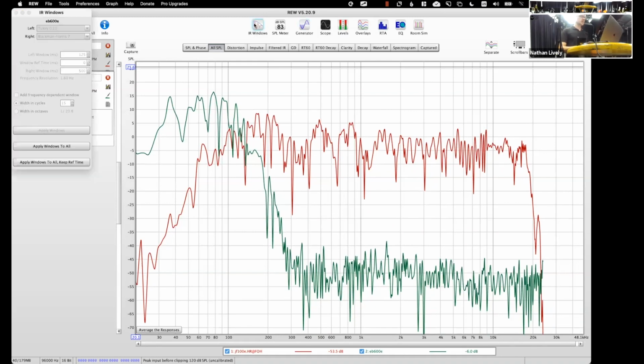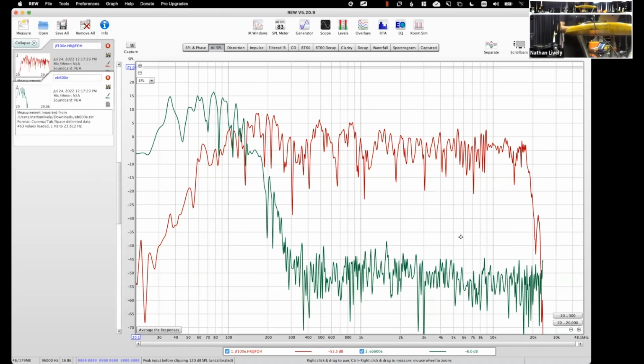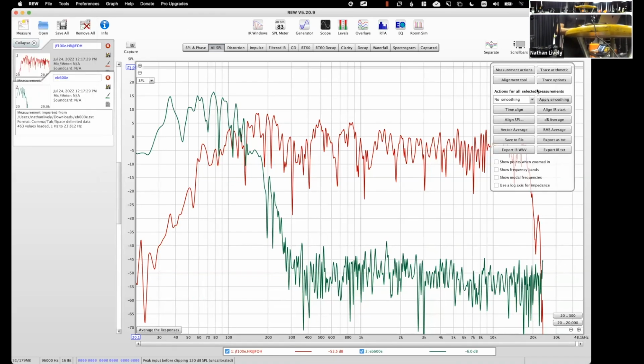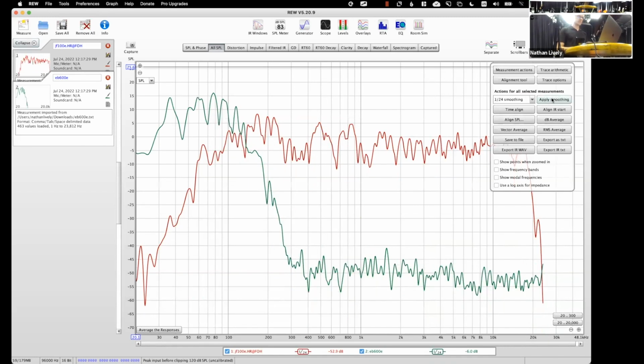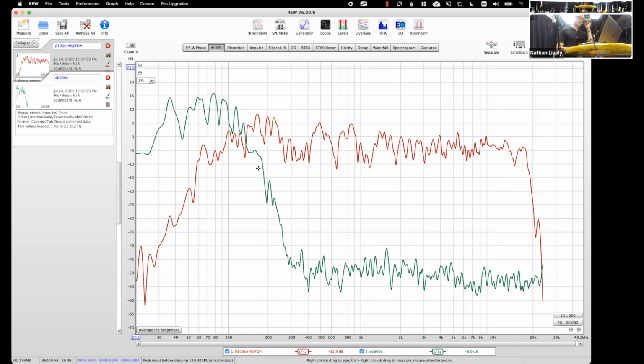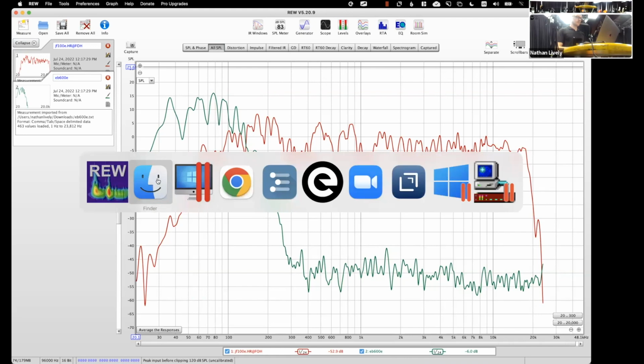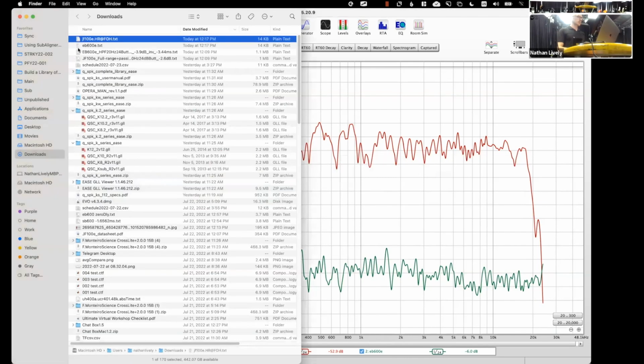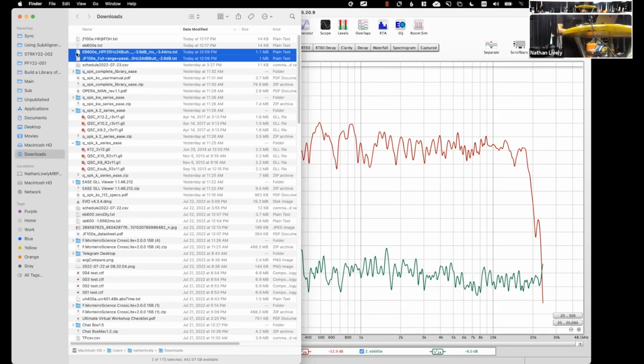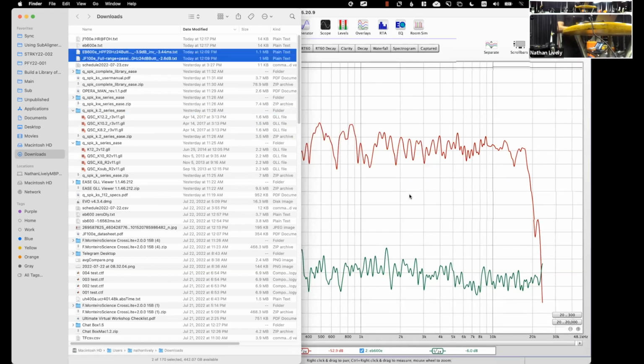We can try applying a window. Oh, no, we can't because we don't have the impulse response. Sorry. Let's make a little bit of smoothing here. Now we'll bring in the stuff from SubAligner.